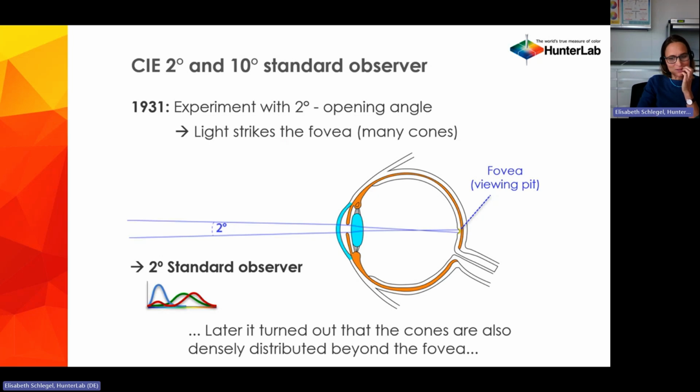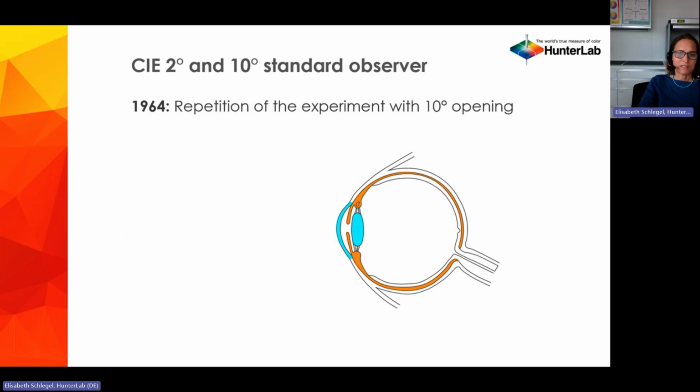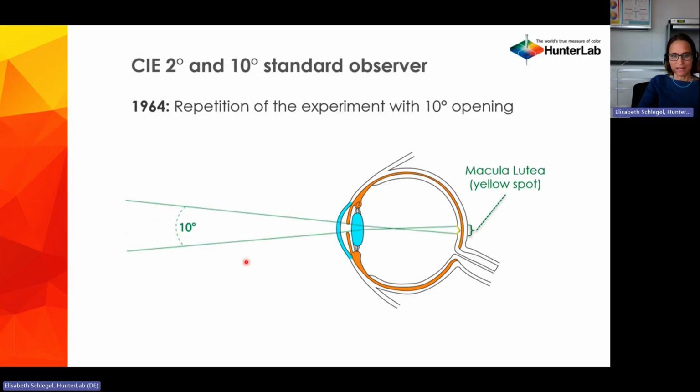But later, it turned out that the cones are also densely distributed beyond the fovea. So this experiment was repeated with a 10 degrees opening angle. Now the area is the whole yellow spot, or macula lutea, as it's called. And that's normally the approach we're using. So if you're doing color measurement, you can select between the 2-degree and 10-degree.